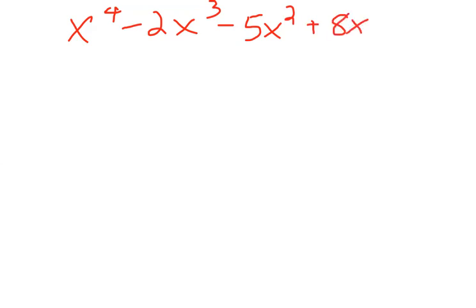And then the next thing you should do is hit graph to see if the graph intersects the x-axis. And if it does intersect the x-axis, where does it intersect the x-axis? Remember, the zeros, the roots, the solutions are the x-intercepts.